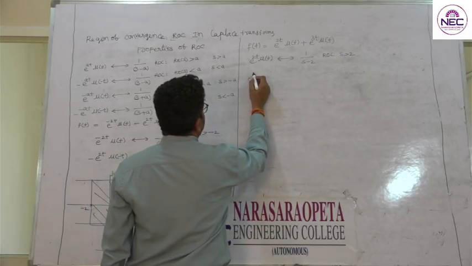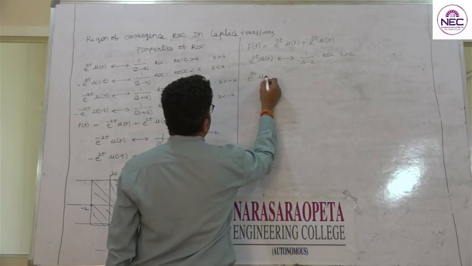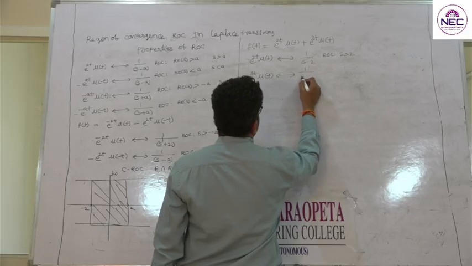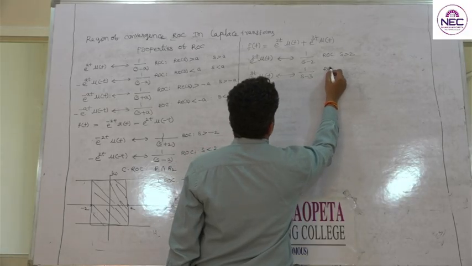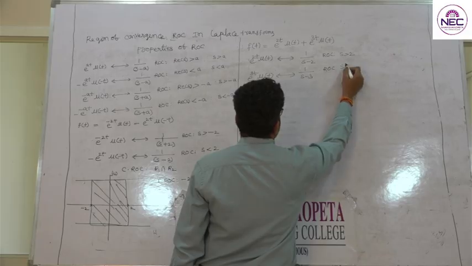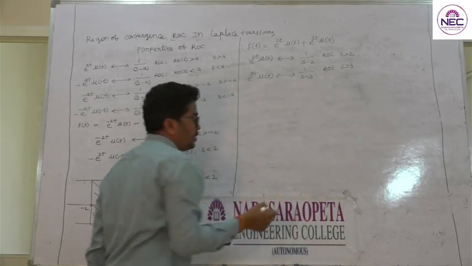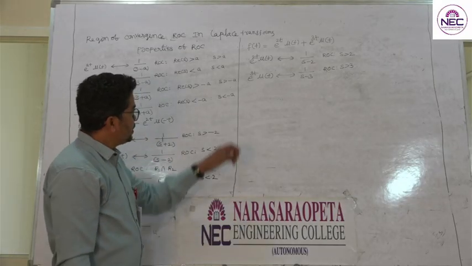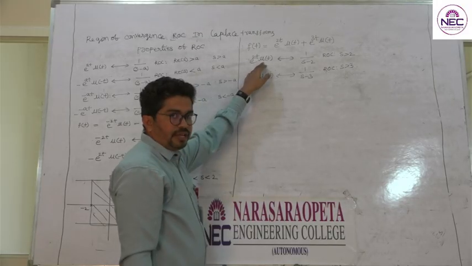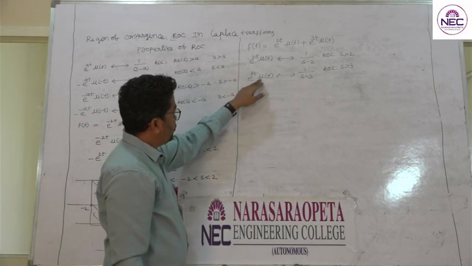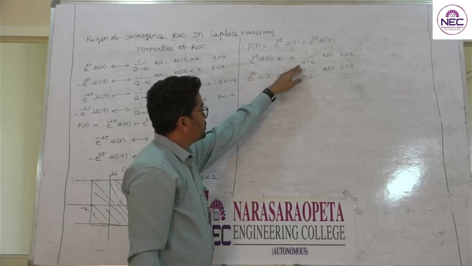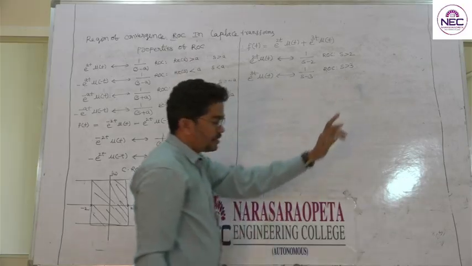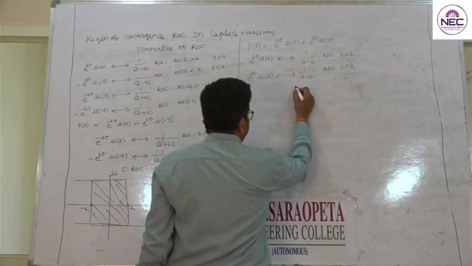Another one, e power 3t into u of t, 1 by s minus 3, ROC s greater than 3. Transforms are 1 by s minus 2 and 1 by s minus 3, with s greater than 2 and s greater than 3. Common ROC here.